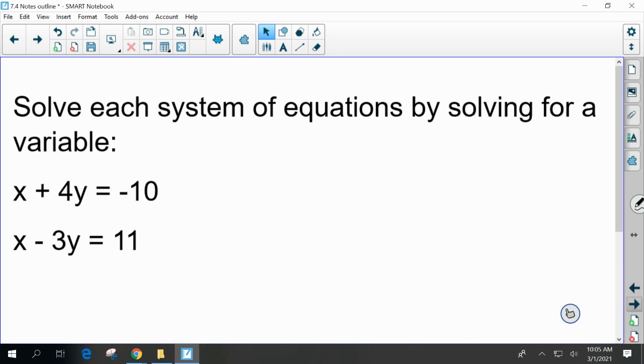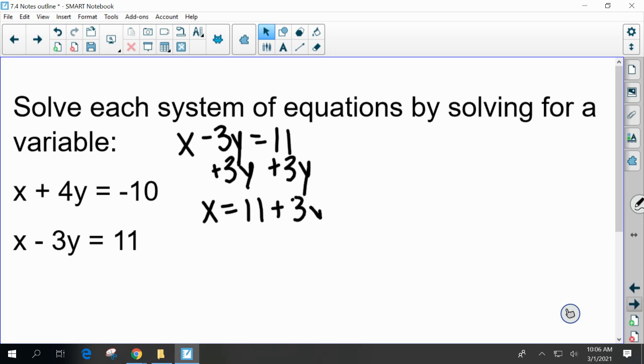All right, so for this problem, again, neither variable is isolated. You can choose to isolate either one, it doesn't matter. If I go with the bottom equation and isolate for x, I would need to add 3y to both sides.